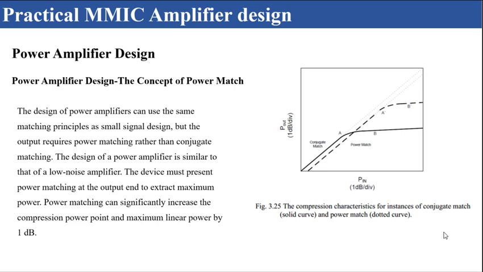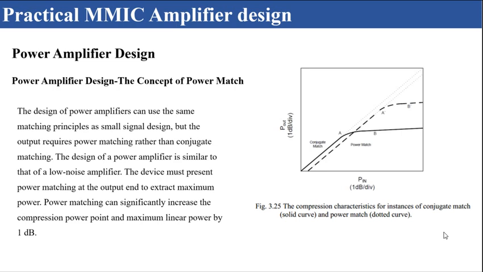The design of power amplifier can use the same matching principles as small signal design, but the output requires power matching rather than conjugate matching. The design of a power amplifier is similar to that of a low-noise amplifier.